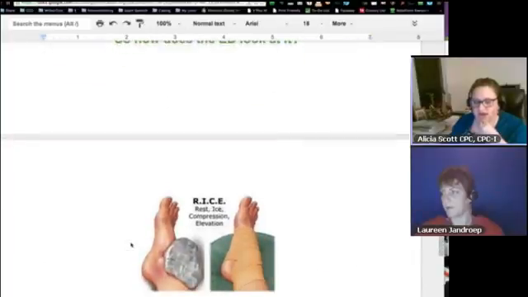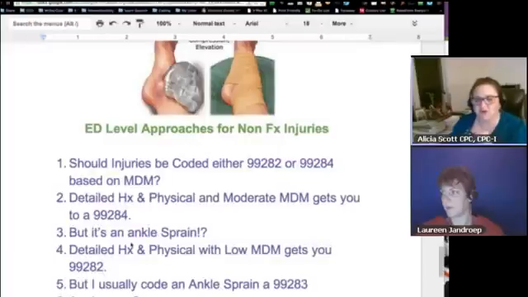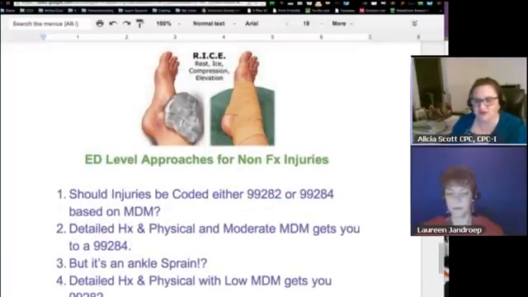So how does the ER look at it? And if you didn't know what RICE stood for, it's rest, ice, compression, and elevation. Really having trouble with words tonight. So an ED level approach for non-fracture injuries, these are the codes that you'll be looking at.